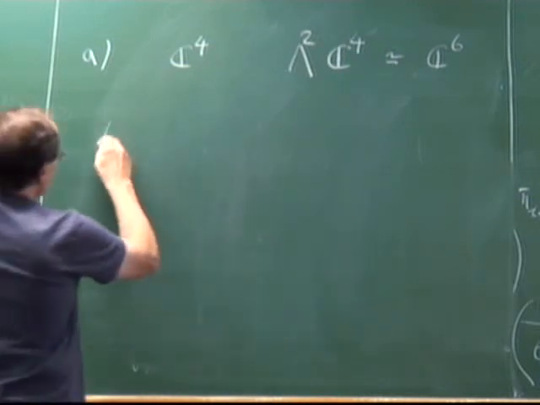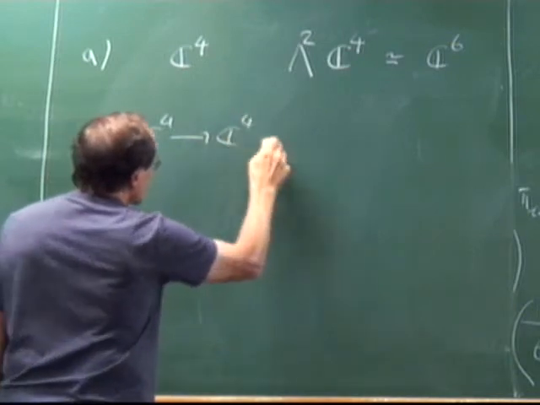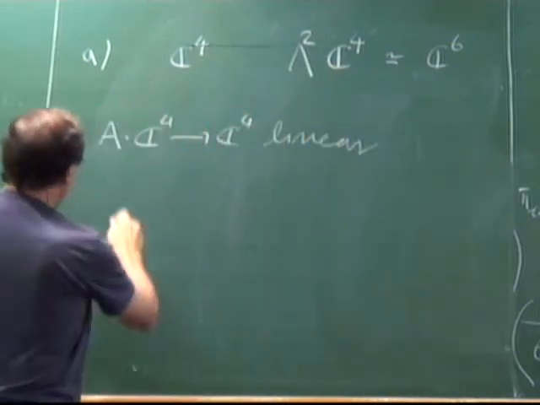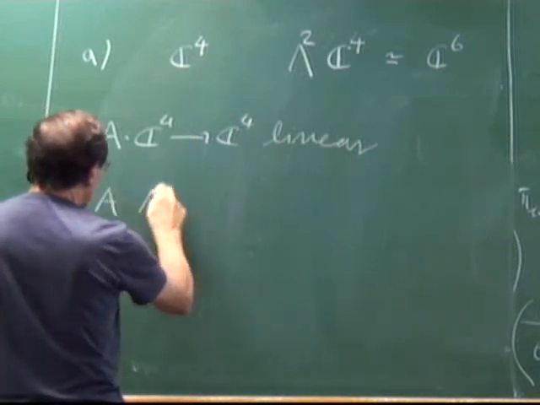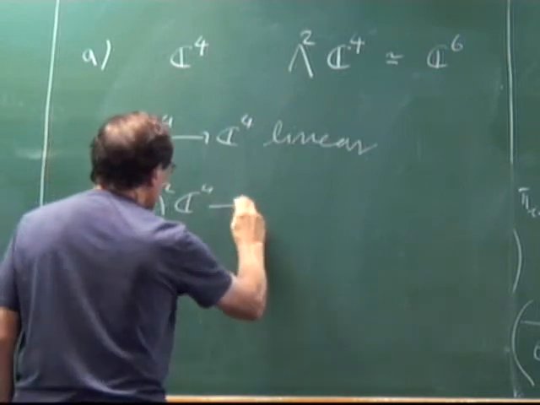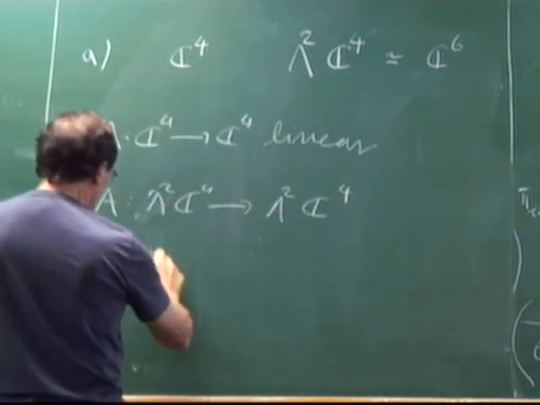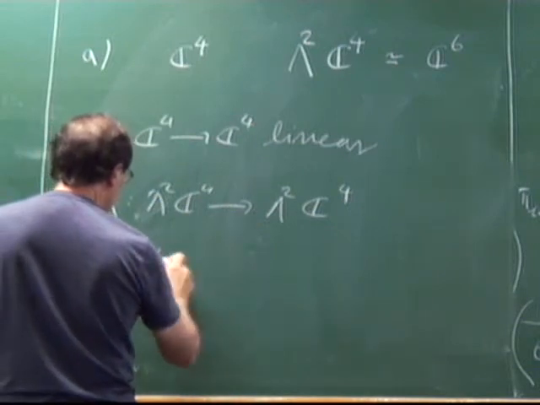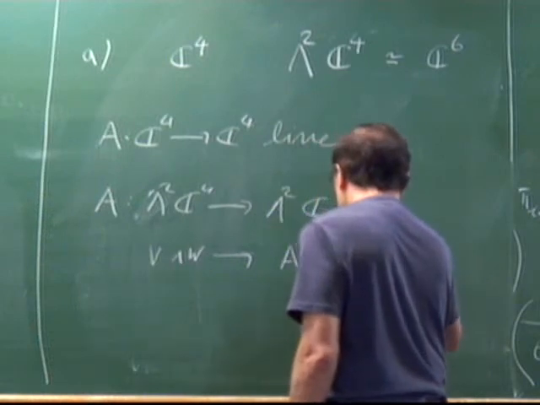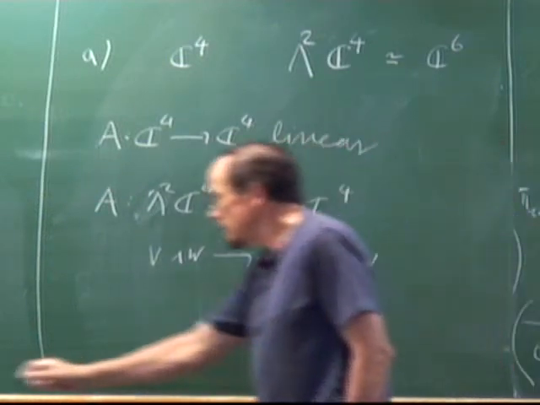If I have a linear map from C4 to C4, I get an induced map on lambda 2 C4, in the obvious way: v wedge w goes to Av wedge Aw. So exterior powers are natural.